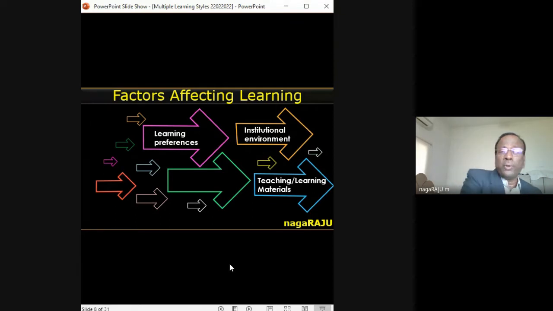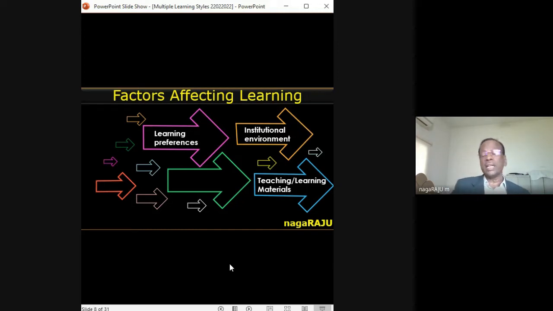If you move to another place, even within your home, one place perhaps is best suited for you to learn. One time of the day perhaps is best suited for you to learn. And the same is with the students also, right? So institutional environment is not only infrastructure, but the kind of comfort that's available, the kind of treatment that's given to the students in the class.